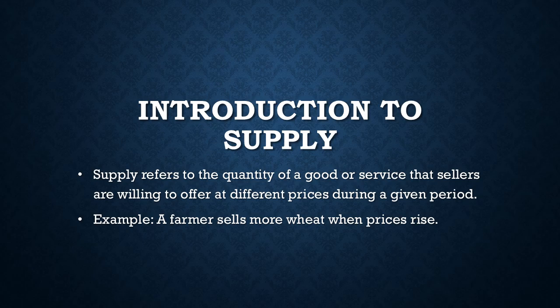Exactly. They will try to supply more tomatoes to the market. So remember, supply depends on price, and sellers always look at what price they can get before they decide how much to sell.